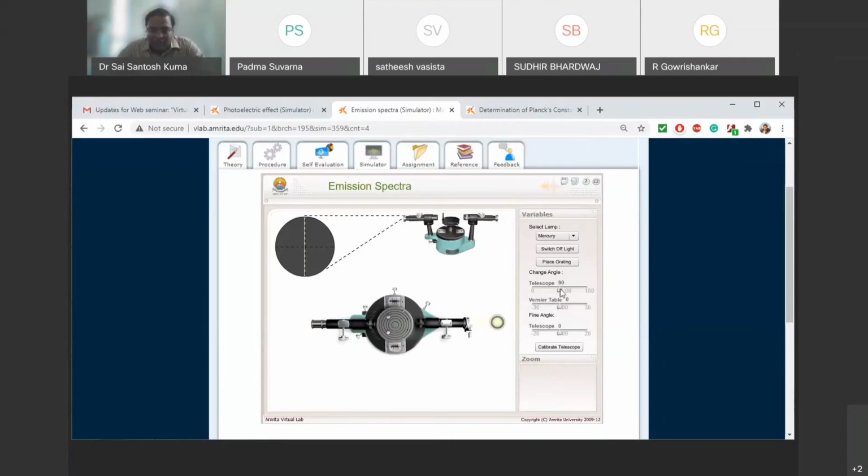And then you also have this telescope which you can move like this. So I can just bring it here very close by, and then I can use this fine angle. It is off, right?